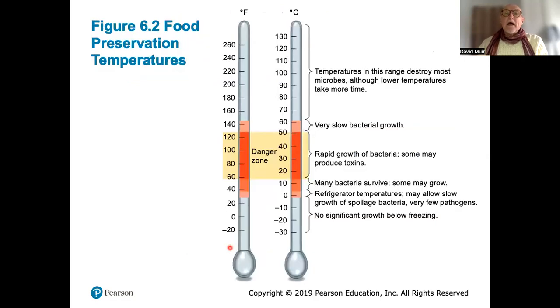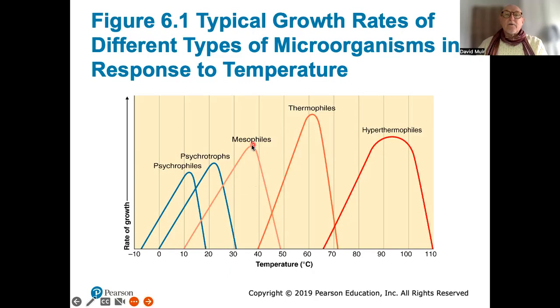So let's have a look here. Probably, this is the Fahrenheit thermometer. This is a centigrade thermometer. So have a look at our mesophiles, and you'll realize that their growth is encouraged at around about 37 degrees Celsius.